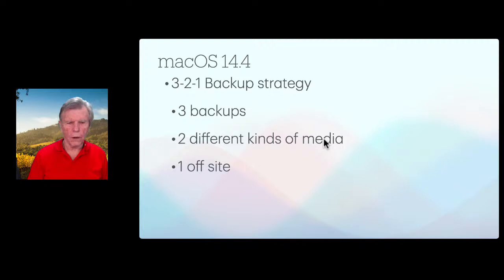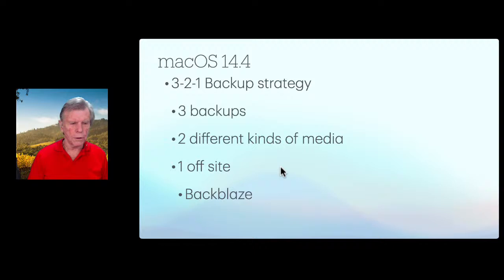So one of these backups could be a Time Machine external drive. Another one could be a clone using Carbon Copy Cloner or SuperDuper. And then the off-site would be something like Backblaze, which does backup continuously to off-site servers. Now you could also get an external drive and move it off-site yourself.